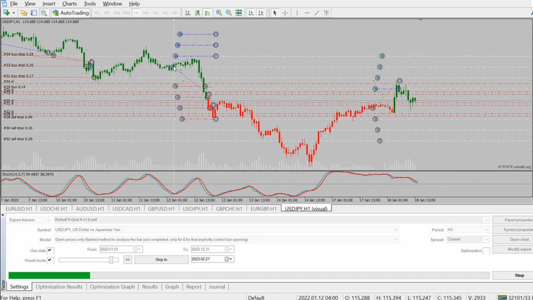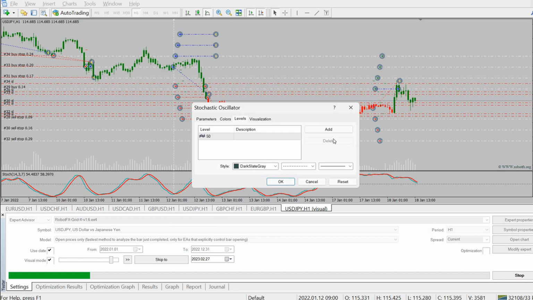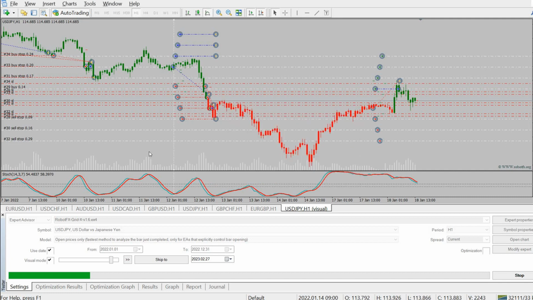Let's see this trade, for example. We can see that the expert advisor placed the first trade, which is a buy according to the stochastic signal, and there were two levels for the stochastic, right? After that, it immediately placed the grid trades and also the hedging trades at the distance set within the expert advisor.